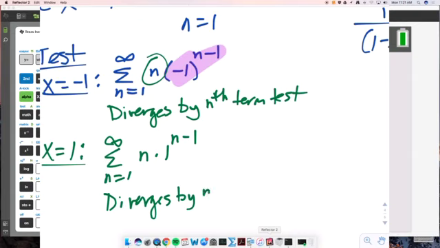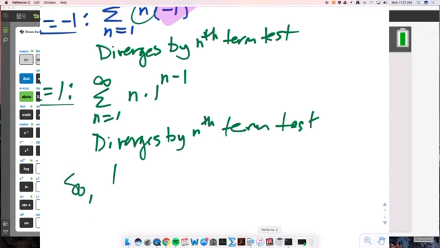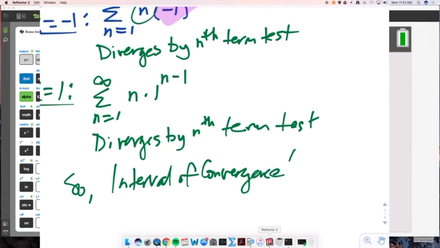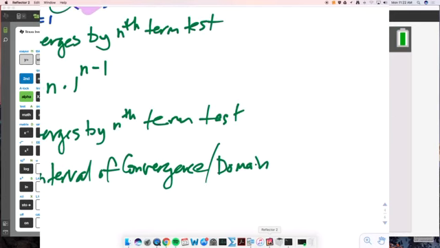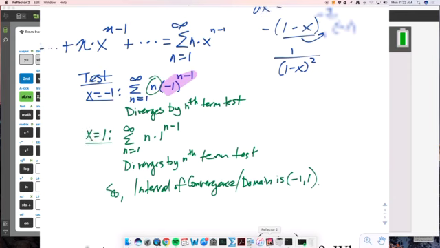By the nth term test. So it turns out that we weren't able to include an endpoint here. So the interval of convergence, write it out, the interval of convergence, or domain of the series, if you want, is still going to be negative 1 to 1, non-inclusive.